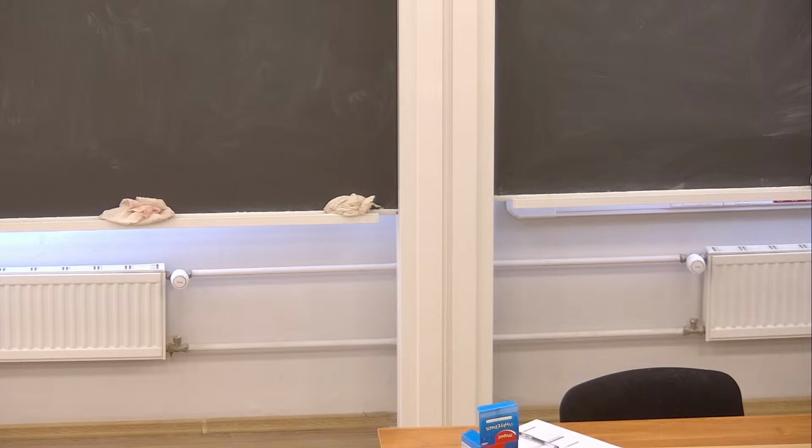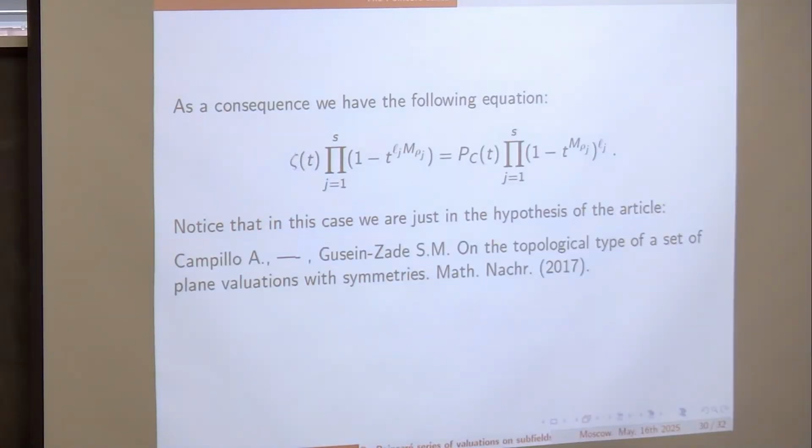Inspired by the previous talk, did you consider the situation with characteristic P? Did you consider any analogs of this theory with the Poincaré series over characteristic P? Yeah, could be.